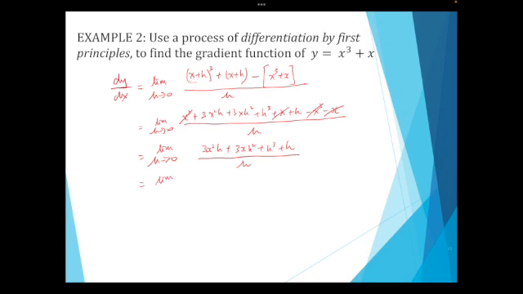Now dividing every single term by h, we have limit of h approaching 0, 3x squared plus 3xh plus h squared plus 1. And therefore, when h approaches 0, the gradient function of y equals x cubed plus x is 3x squared plus 1.